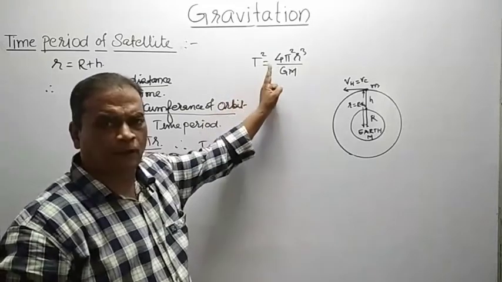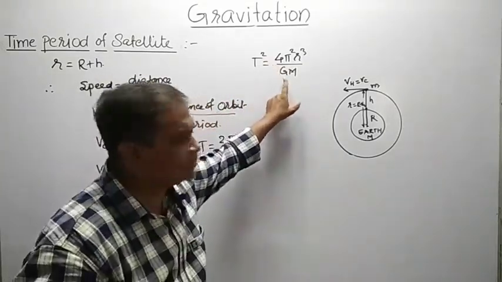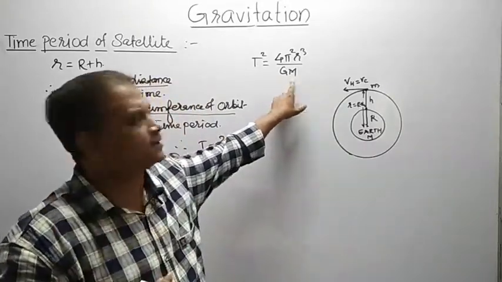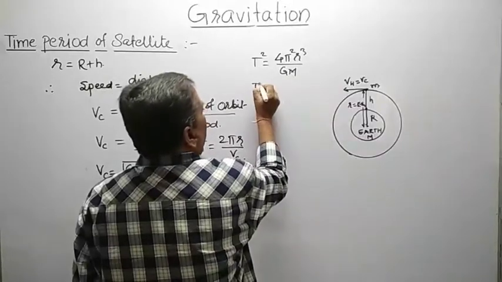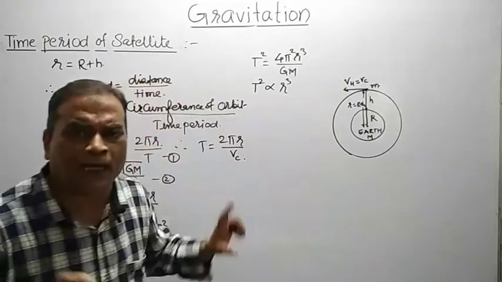Remember, 4 is constant, pi is constant, the universal gravitational constant capital G is constant, and the mass of Earth M is constant. It means here you can draw the conclusion that T square is directly proportional to r cube.